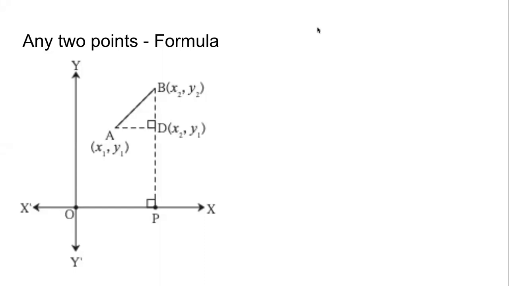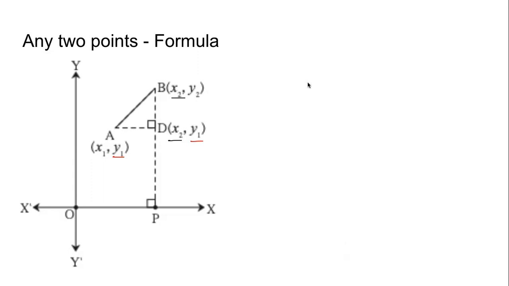Using basic Cartesian coordinate geometry, we know that the x coordinate of B and D will be same. The y coordinate of A and D will be same. So now we have found out the coordinates of D, just like what we did in the previous question.